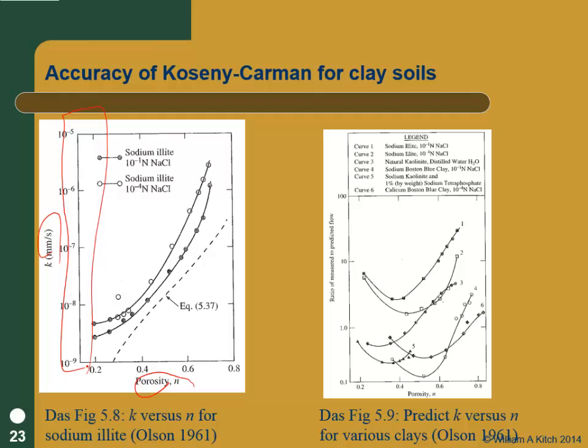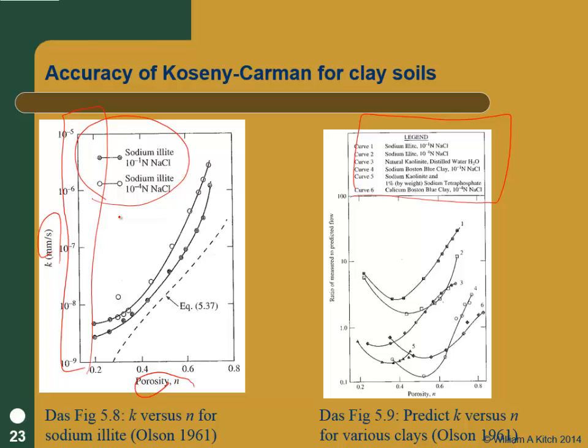Or even more important, what other parameters are being changed in these different plots? Concentration of the ions. Yeah, so the pore fluid chemistry is changing, right? Particularly look at the plot on the right. What seems to have the most effect on hydraulic conductivity?